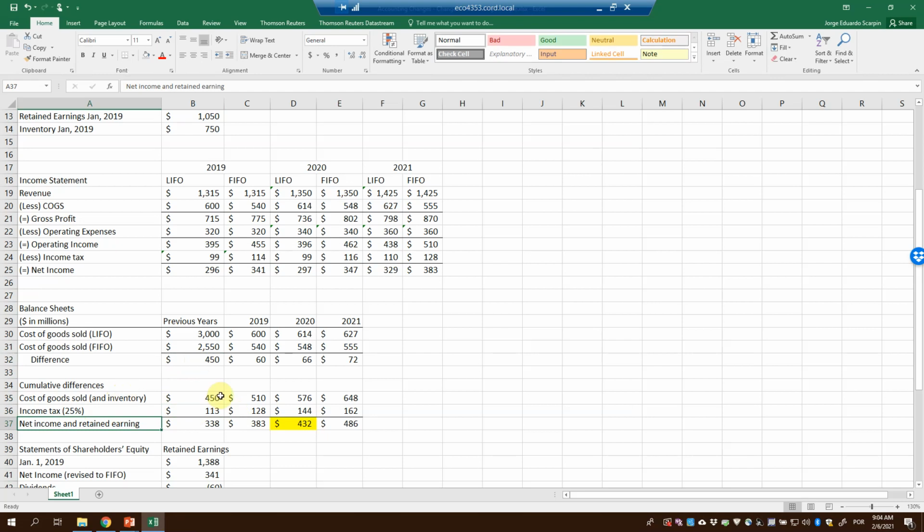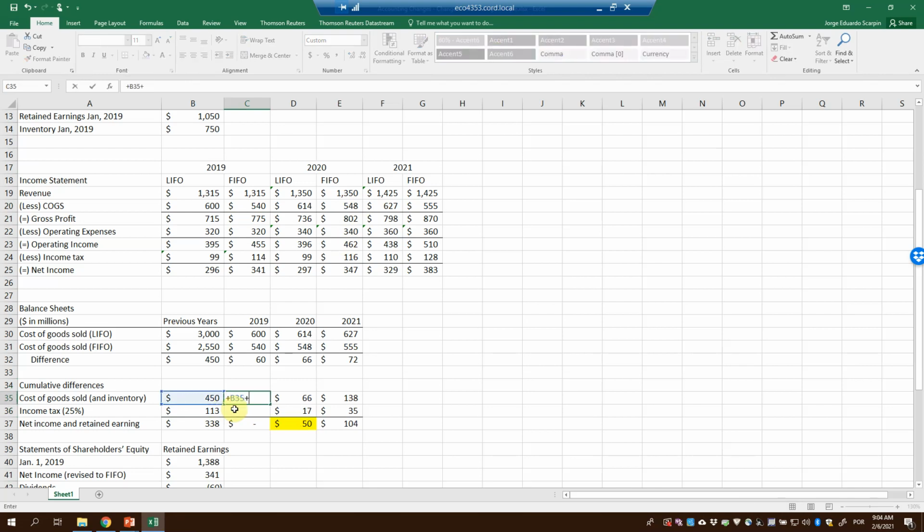Tax, only one tax, for this difference. Because if we are decreasing cost of goods sold, we are increasing our net income, we need to pay tax. So the income tax here, let me do 2019 again.